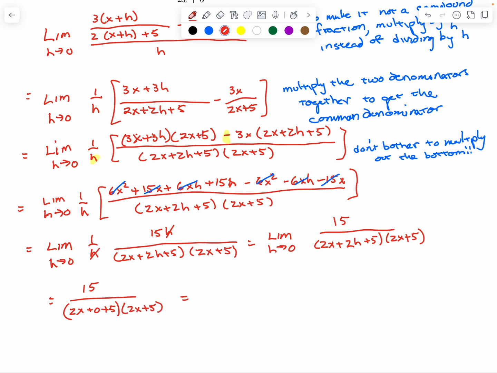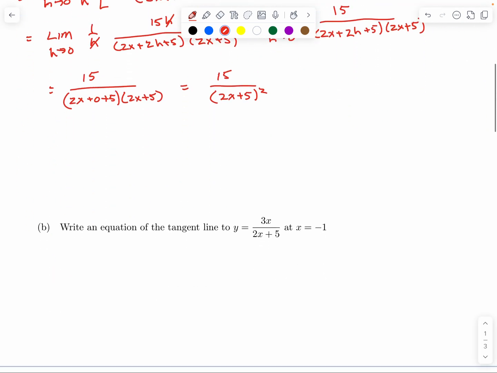Oh, I see, the 2x plus 5's are being multiplied, not added. Okay, there we go. That's my derivative.